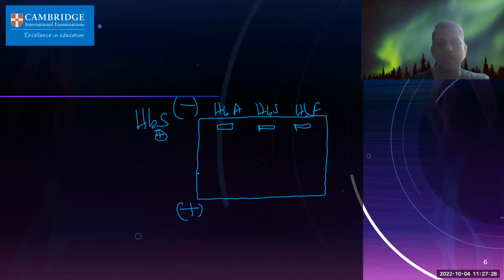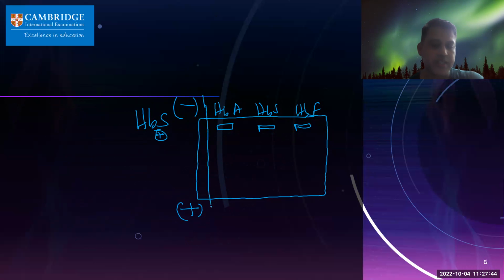This is a negative end, this is a positive end. This side is the cathode, this side is the anode. So when the gel is placed in the buffer solution and an electrical current is applied, the protein molecules move in this direction, negative end to positive end.